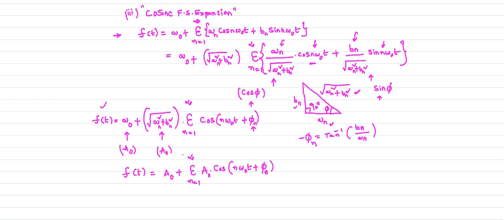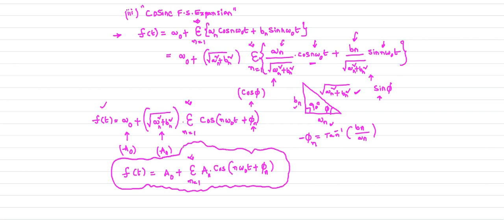So this is the cosine Fourier series expansion. So we represent exclusively the trigonometric Fourier series expansion in terms of the cosine function.